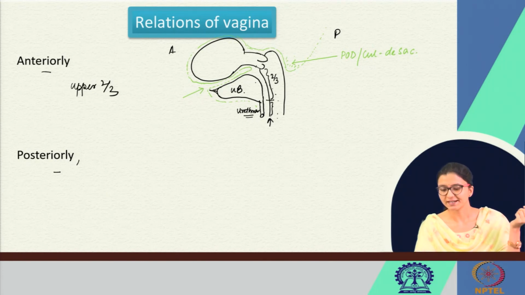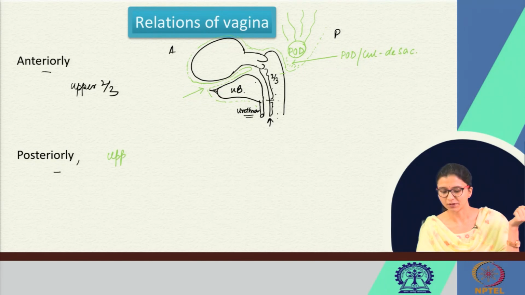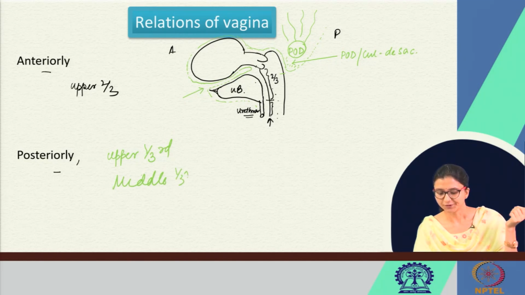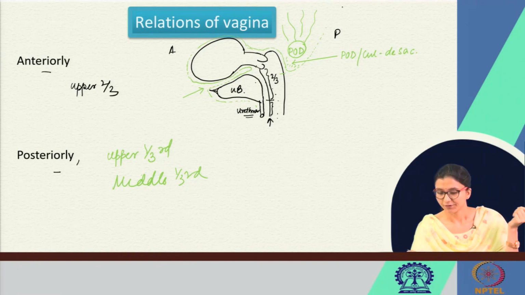So, posteriorly, the upper 1/3, here are the intestines. Posteriorly the upper 1/3 is covered with peritoneum, and there comes in relation the pouch of Douglas. Then middle 1/3, behind is the rectum.